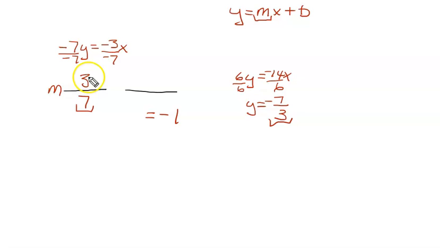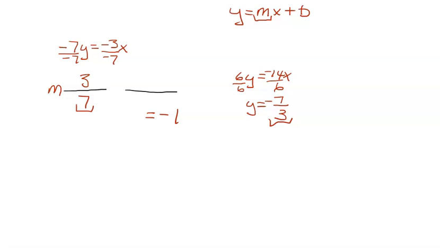So notice that 3/7 and -7/3, this is the opposite sign reciprocal of this. So if we multiply them together, our product of the slopes is -1. So we end up with these lines being perpendicular.